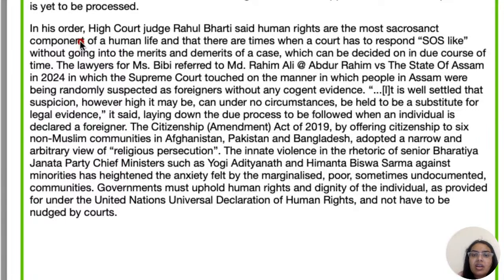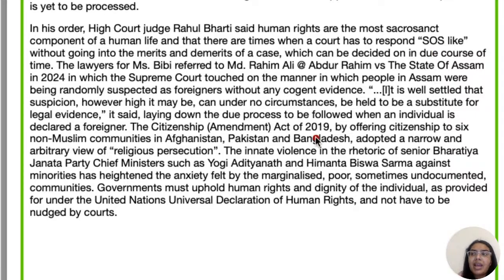In his order, High Court Judge Rahul said human rights are most sacrosanct component of a human life. Human rights are the holy, sacred, जिसको मानना ही चाहिए, वैसे वाले component है human life के. And that there are times when a court has to respond SOS like.